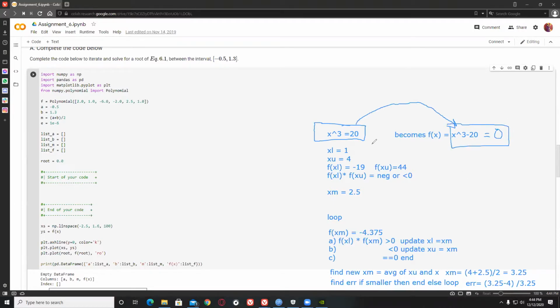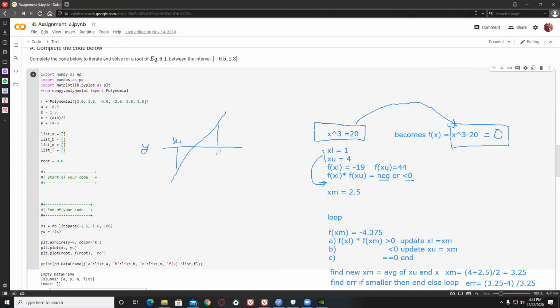Now in the bisection method, we need to first randomly select 2 points for which the multiplication of the functions of the 2 points is negative or less than 0, meaning they are on the opposite sides of the x-axis, right?